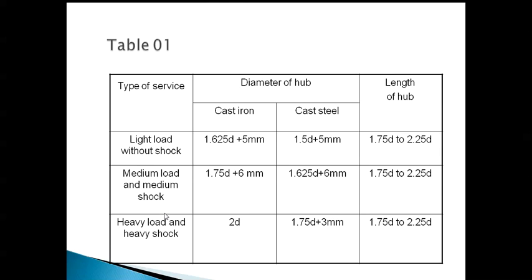For medium load and medium shock, it is 1.75D plus 6 mm for cast iron, and 1.625D plus 6 mm for cast steel, and the length of the hub is 1.75D to 2.25D. For heavy load and heavy shock, cast iron is 2D and cast steel is 1.75D plus 3 mm, and the length of the hub is 1.75D to 2.25D.